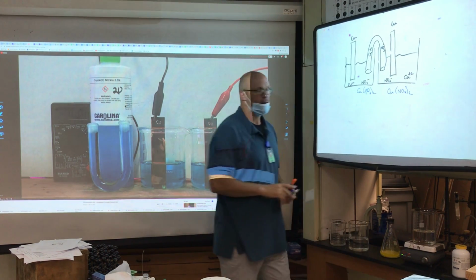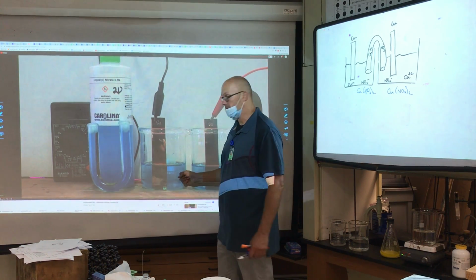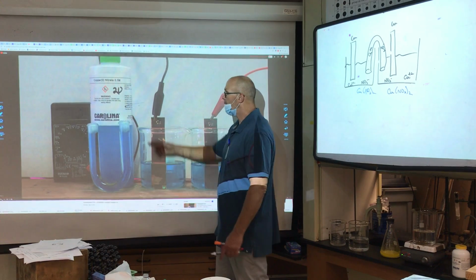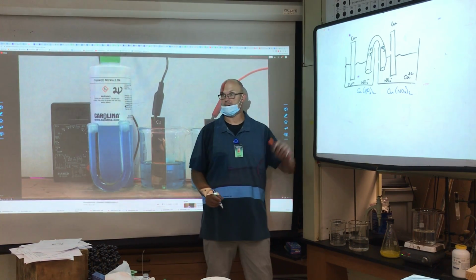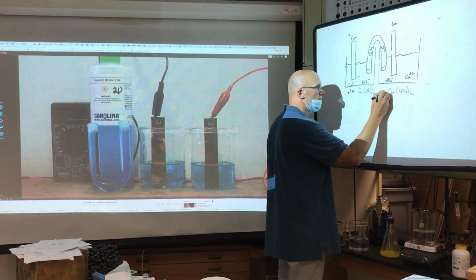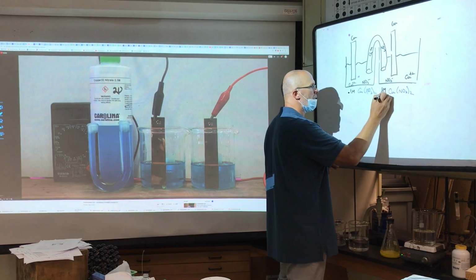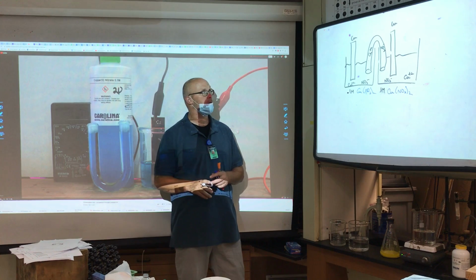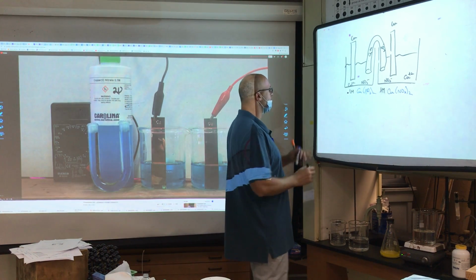Now, just so happens that the concentrations on both sides are the same as in the salt bridge. They're all coming from this bottle that's 0.1 molar. So every concentration is the same, 0.1 molar for each. Molarity is just a ratio of how much stuff is dissolved over a liter of solution.